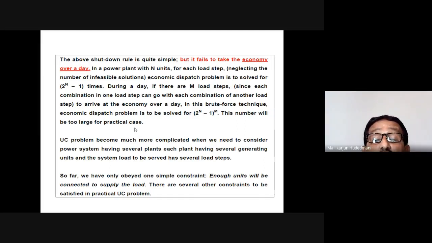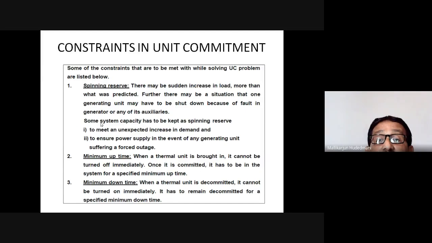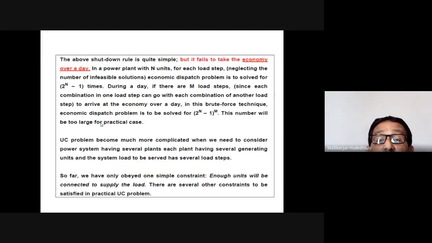This is called exhaustive enumeration, or the brute force method. It is simple, but it requires a lot of mathematical computation and decision. The other is the dynamic programming method.